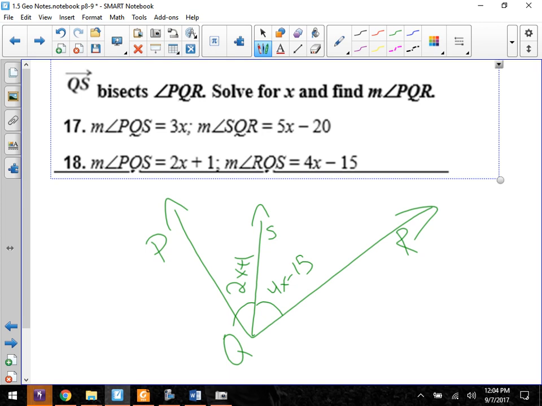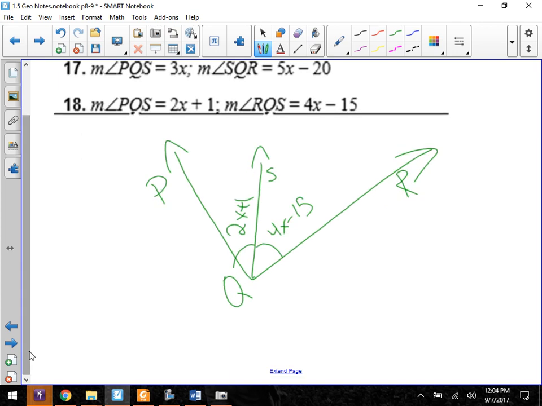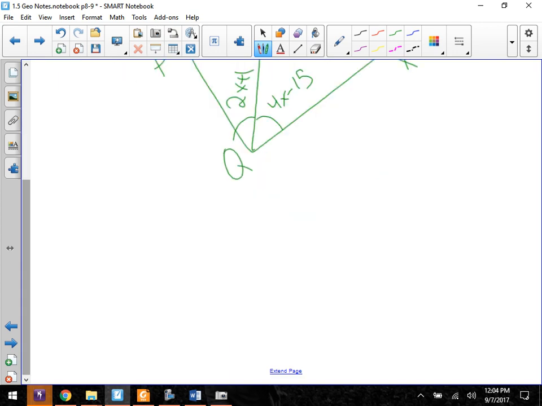which therefore means, what do I do with the algebra? Exactly. Do you guys see the difference between setting them equal to each other versus adding them together to set them equal to a value? Well, do we know what the whole angle is at all? No, I don't have that information. I can't do anything about it. So I have to just set them equal to each other in this case. So it's 2x plus 1.